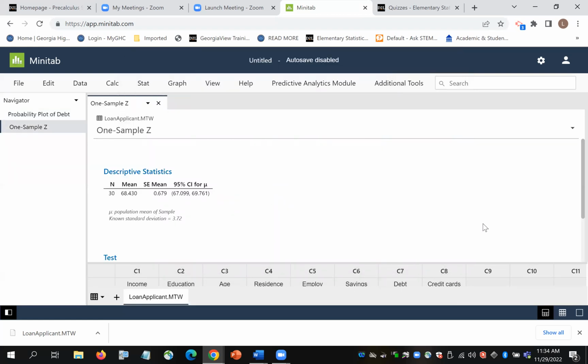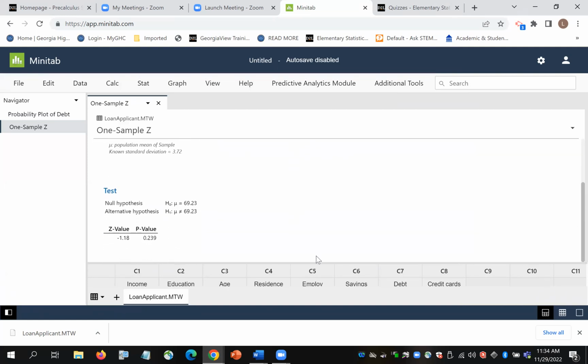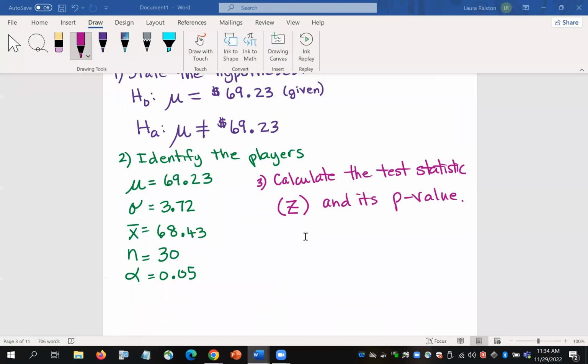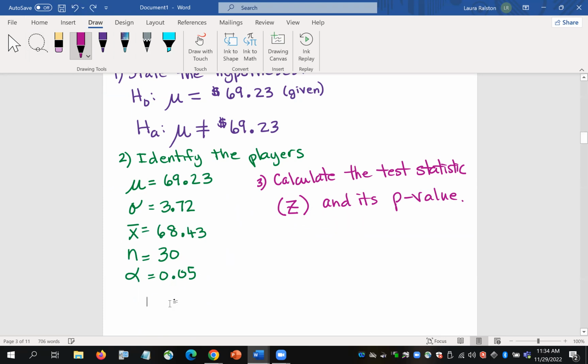So hopefully that process maybe seems familiar. Then we scroll down under the header test, and it gives us our p-value and our Z. And I'm going to have to put it down here.